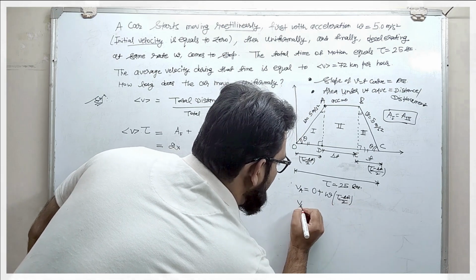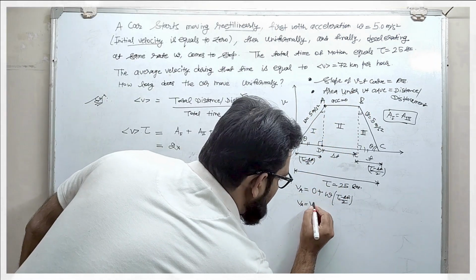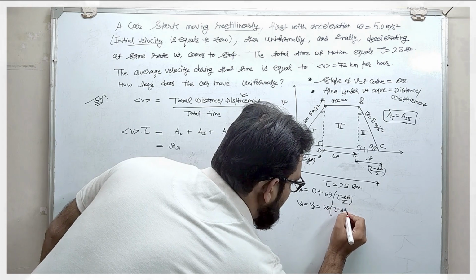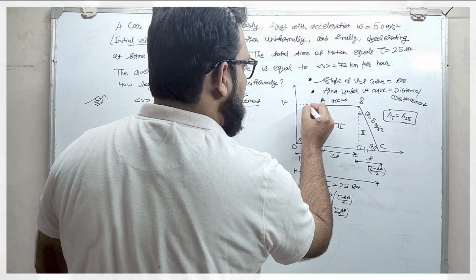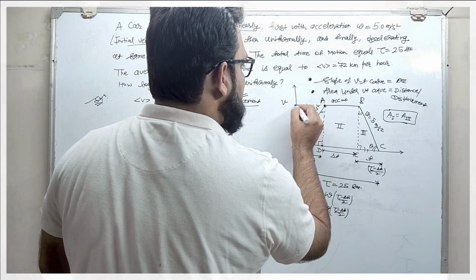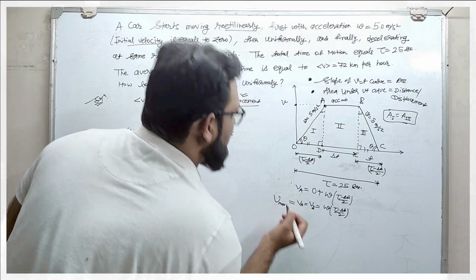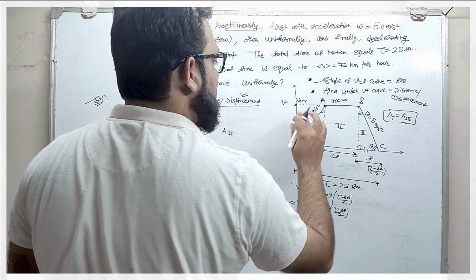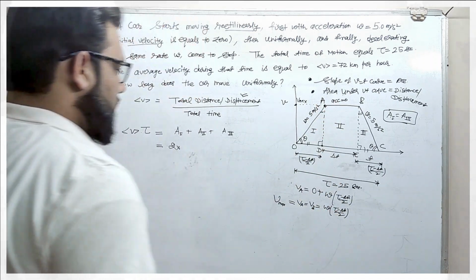So this is the velocity at point A, and the velocity at B is also the same. That will be omega times (tau minus delta t) by 2. So we know the value at this point, and this is the maximum velocity, Vmax, which is omega (tau minus delta t) by 2. Is it okay guys?